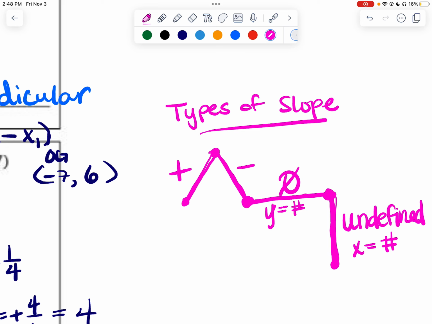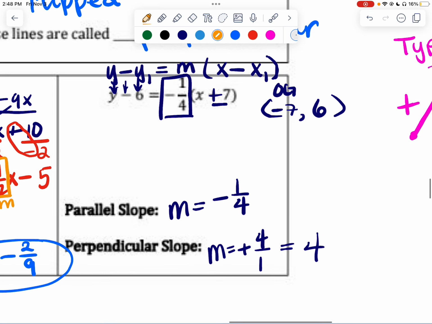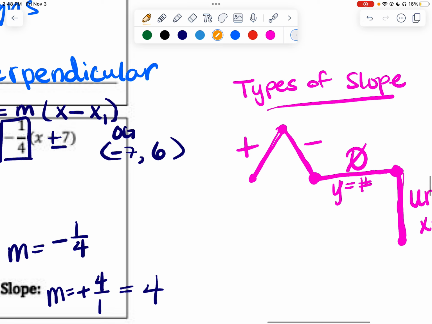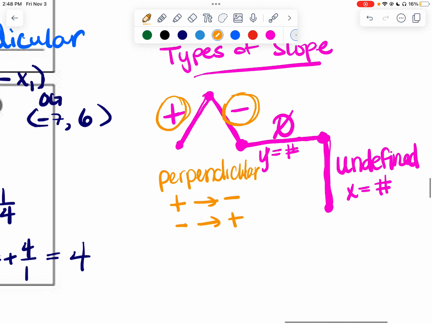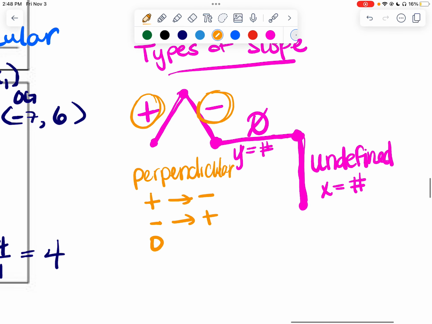Okay, so we just saw, right, perpendicular means if I start with positive, it's going to be negative. If I start with negative, it's going to be positive. So for perpendicular, positive slope turns negative. Negative slope turns positive. They're opposites. So then what's the opposite of a zero slope?